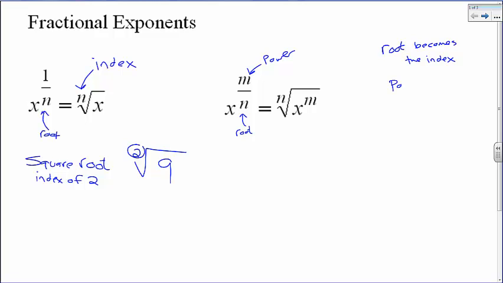So what we can say when we rewrite this is that our base, x to the m over n, is the equivalent of taking the nth root of x to the m power. Note here, once again, that the index of the radical is the root, in other words, the denominator, and the power comes along with the base under the radical.